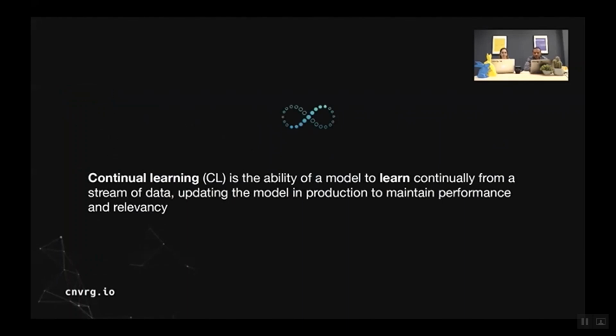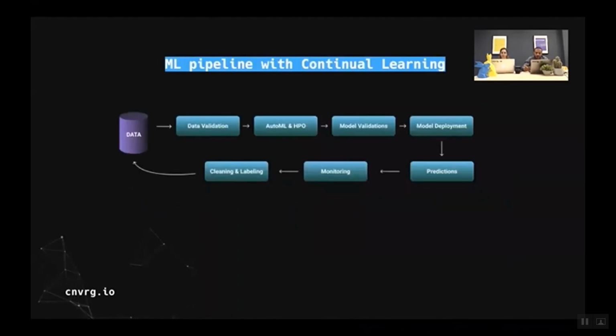Continual learning is basically the ability of a model to learn continuously from a stream of new data that is coming into production, and use that data to retrain the model, to keep it fresh and relevant to the new data coming into production. A pipeline of continual learning is basically getting data, doing some data quality tests, data validation.